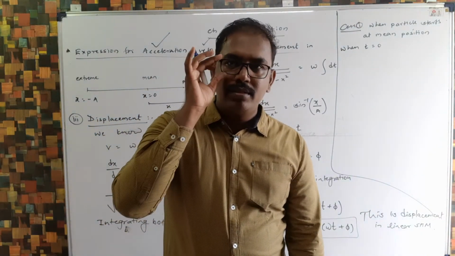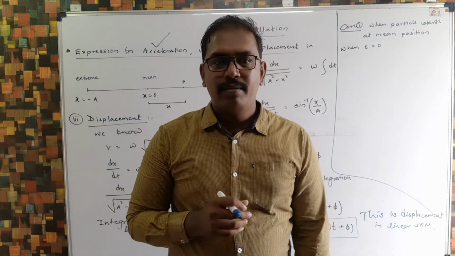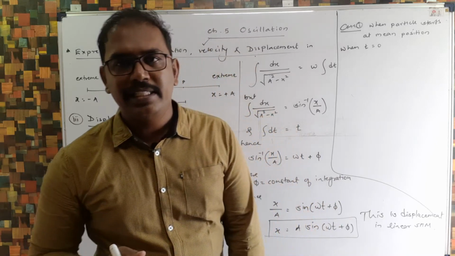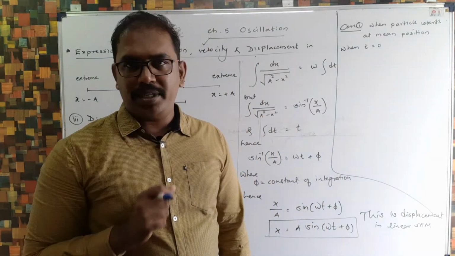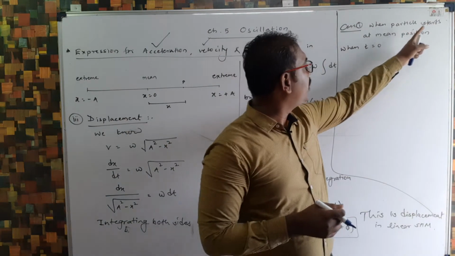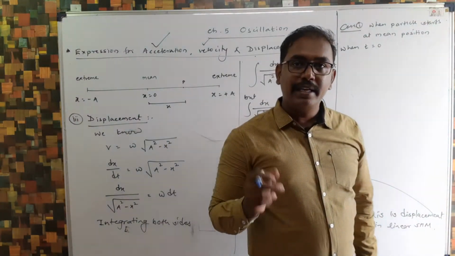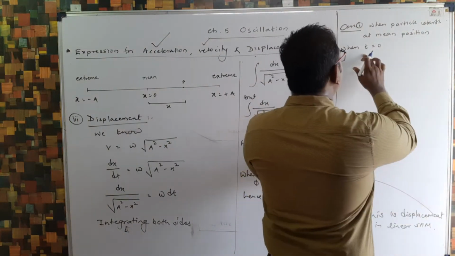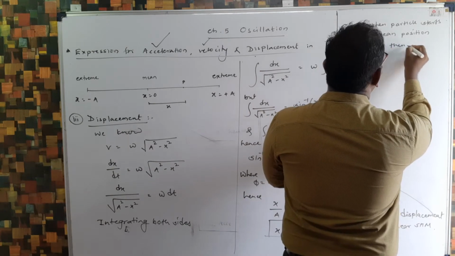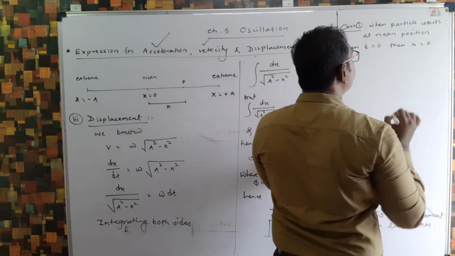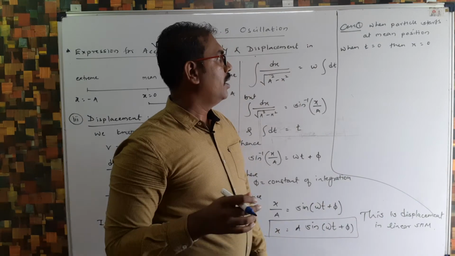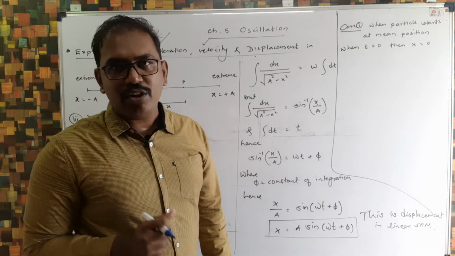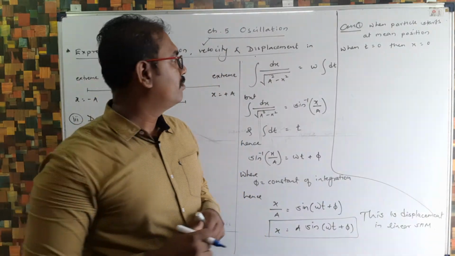Time is 0 means in the initial stage, the particle is at its starting point. Starting point means what? It starts at mean, the particle is at mean position. When t is equal to 0, then x is equal to 0. Listen, when t is 0, that time x is 0 because the particle is at mean position.